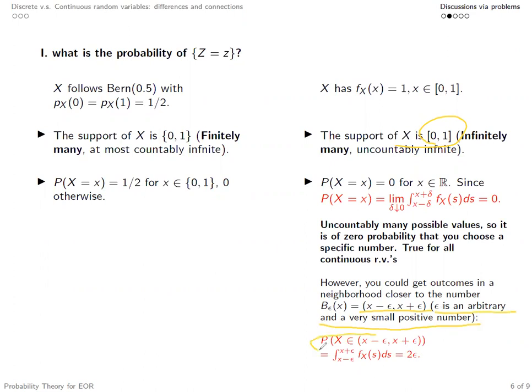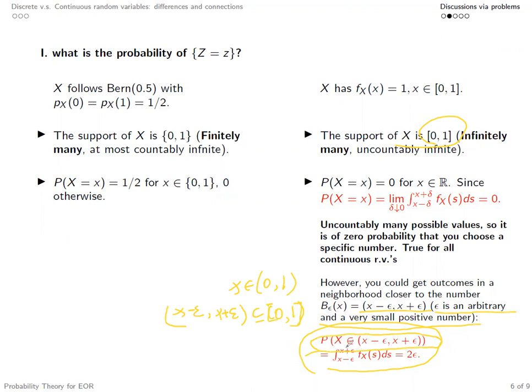Suppose x minus epsilon, x plus epsilon is a subset of 0, 1.